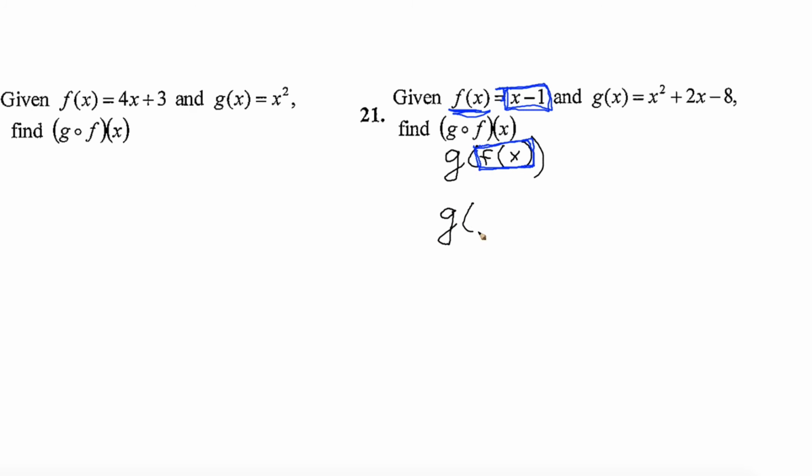So g of, what is f of x? F of x is x minus 1. So now I look at it and I say, okay, what am I replacing x with? I'm replacing x with this right there and right there. Now all you got to do is show me you know how to replace it.